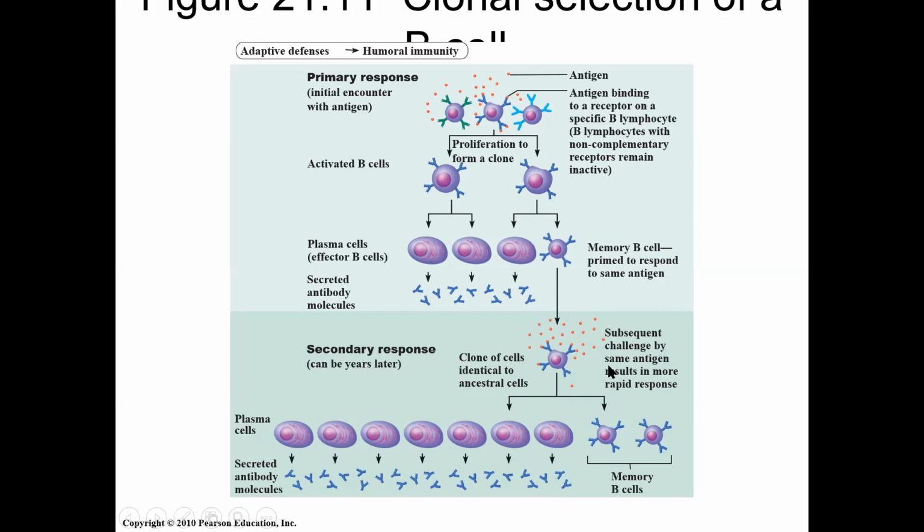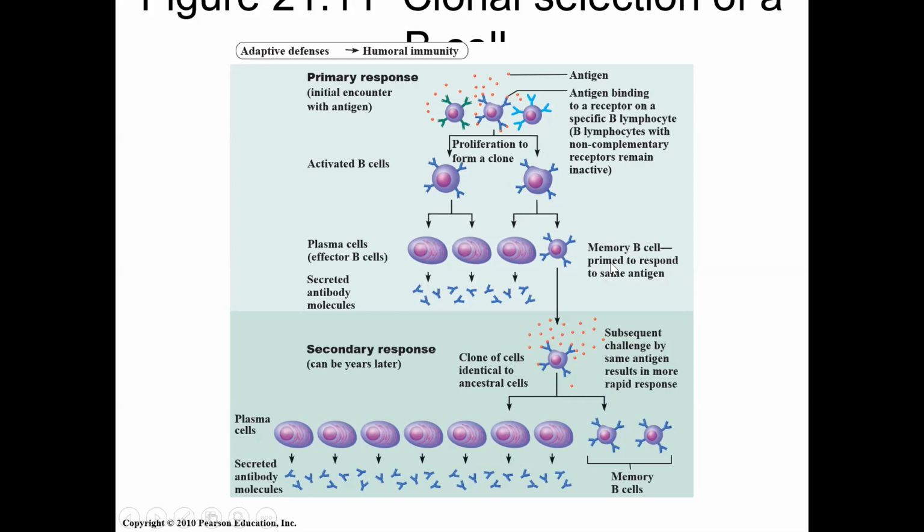This is the whole principle behind the vaccines. We want to give people vaccines. It's just a very small dose of the antigen, either live or just the antigenic determinants, to trigger your immune response to make the memory cells. That's what we want. We want you to make the memory cells.